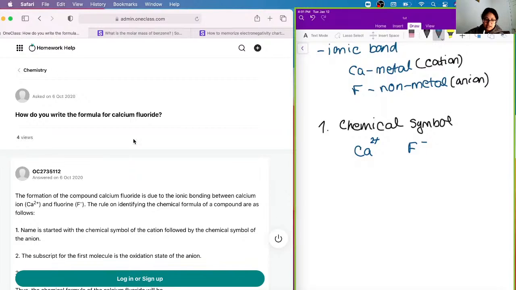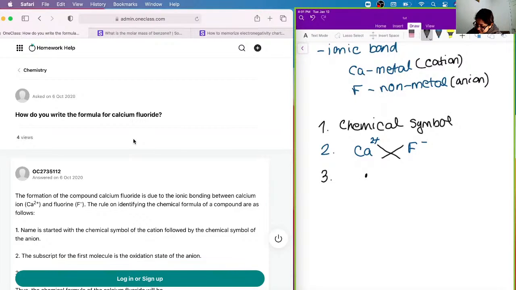And so the last step would be to find the subscript for the second molecule, which would be the oxidation state of the cation. So what we have to do is we basically crisscross the charges, and they become your subscripts.